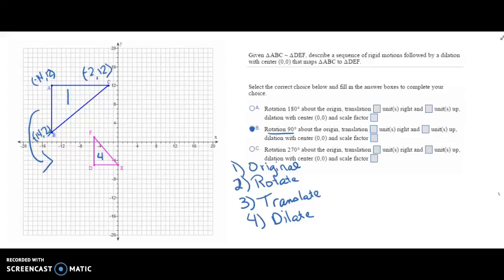Okay, in order to rotate, we're going to take and we're going to flip those. So this is going to be 12 backwards. So -12, +2. Because remember, we switched them. And those are both going to be negative now. Okay, and this is going to be C prime.